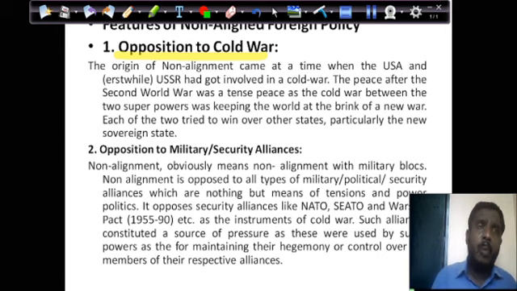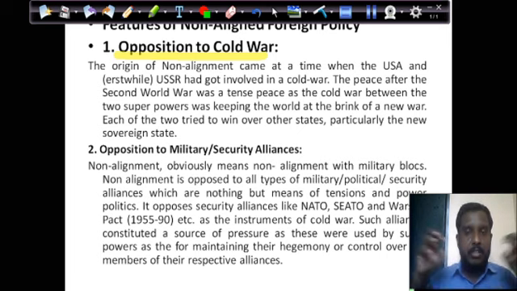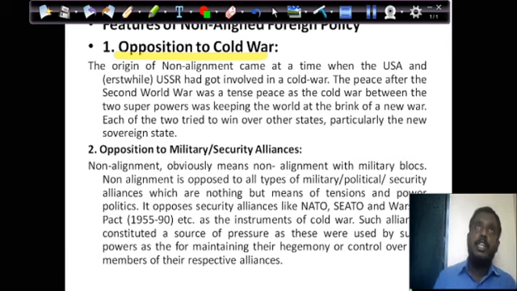And there was active competition for military and territorial advantage, and I have explained the situations about the Korean crisis, the Cuban Missile Crisis, even the issue between Afghanistan and USSR. In all these conflicts, these two power blocks started standing against each other. So the first and foremost objective of non-alignment foreign policy was the opposition of Cold War.